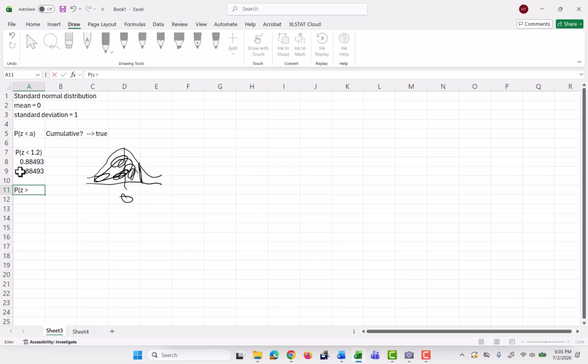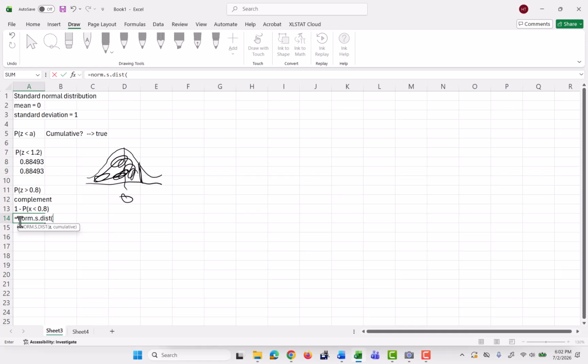Finally, what's the probability of z being greater than 0.8? Excel only does less-than probability, so I have to turn this into a complement. So it's 1 minus the probability that z is less than 0.8. So equals NORM.S.DIST.